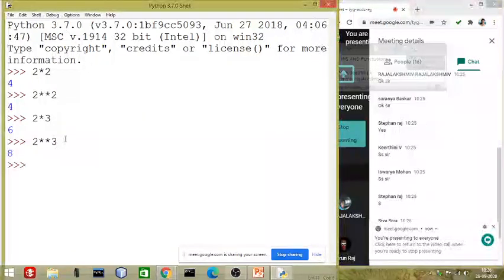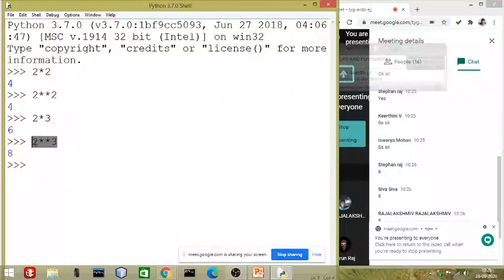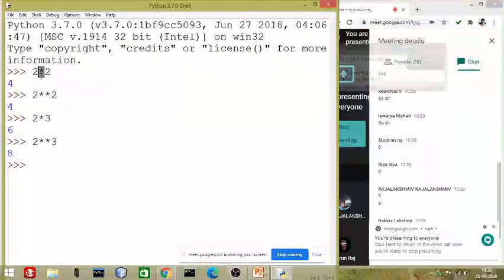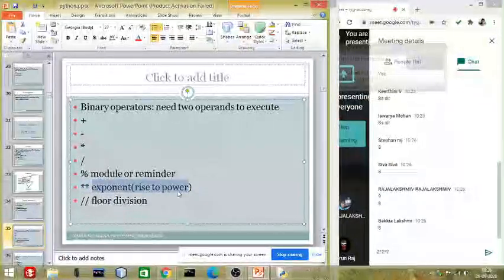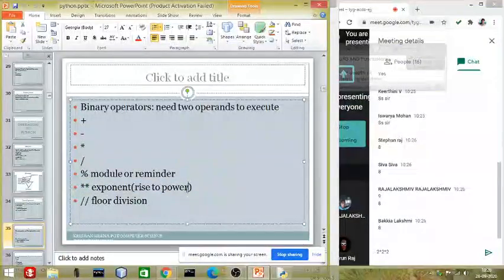So here we will get the answer 8. This is the difference between the operators. When you put a single operator, you get multiplication, but when you use the double operator, you get the power of a value, any value. So you are getting the exponent, the value raised to a particular power.